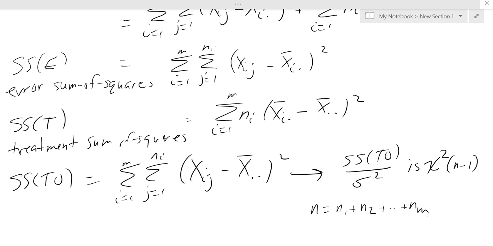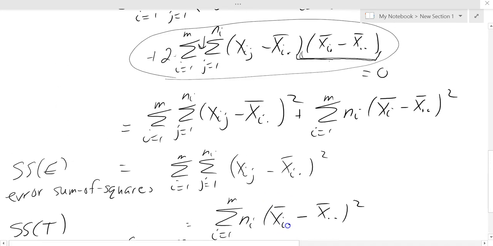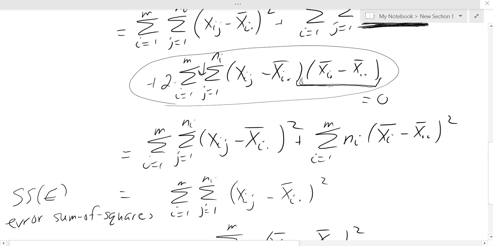All right, notice that if you go up to the sum of the square errors and cover up that part, it's the same argument, isn't it? I've got deviations from the sample mean within a category squared, right?